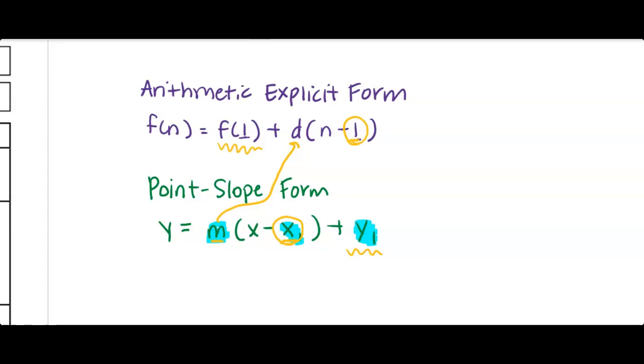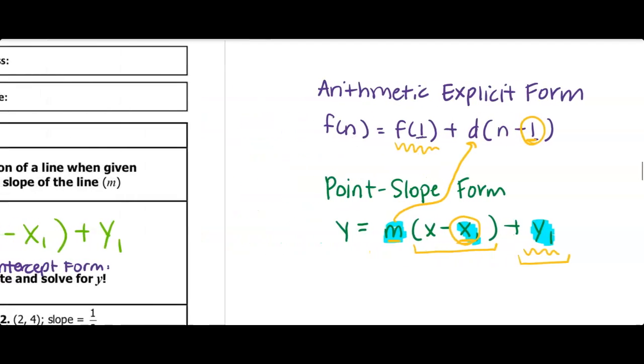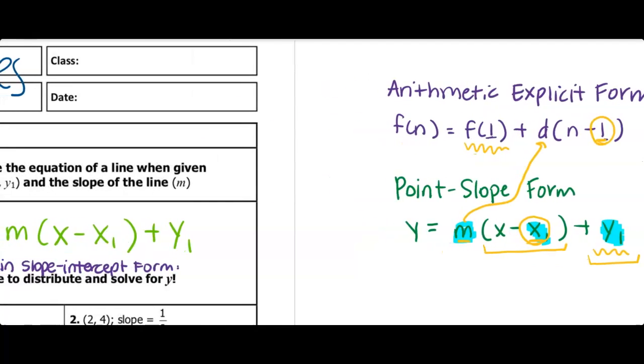So we want to think about this as how far we are from 0, and this is what we get when we're there. So thinking about the x1 as the term number in relation to 0 and the y1 as the actual term. And that should help you. So a couple of other things to note.